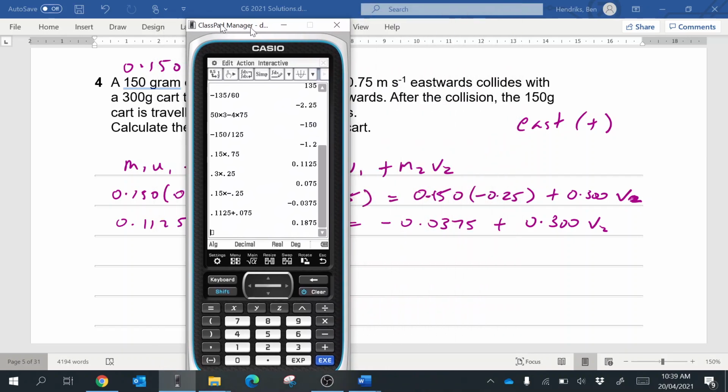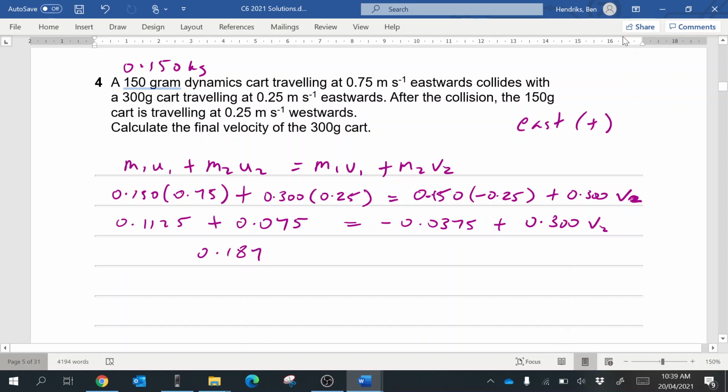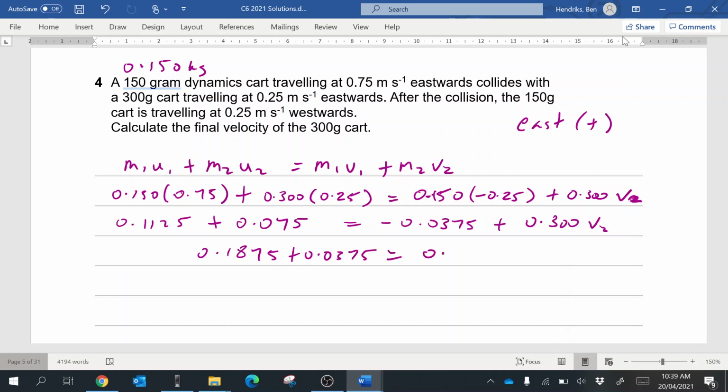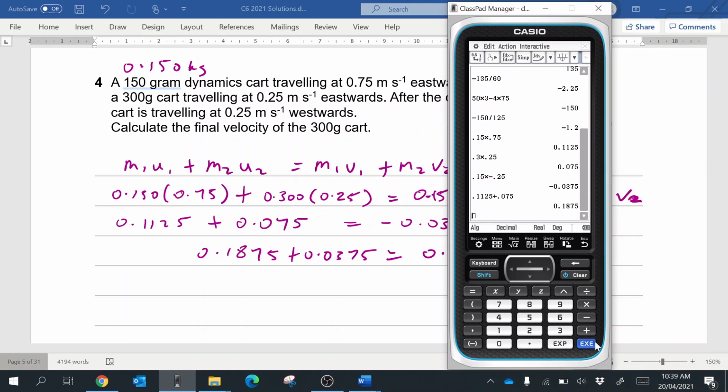So we got 0.15, and I'm going to add plus 0.0375 equals 0.300 V2. Okay, just a bit of an exercise in decimal places. Plus 0.0375 is equal to 0.1875.